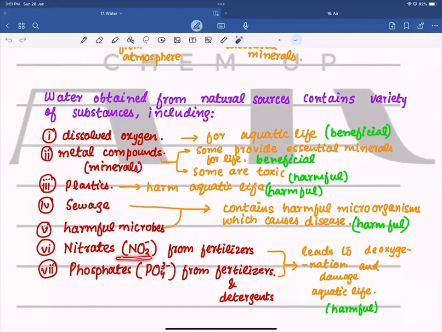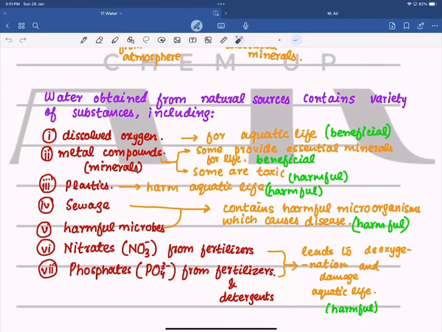The nitrate ion always comes from fertilizers, because when fertilizers are put in the farms and water is provided to the farm, these dissolve in water and drain with the water to reach the water resources. And besides this, detergents also contain phosphate ion. How is water filtered? By filtration, we are only able to remove things which are solid.